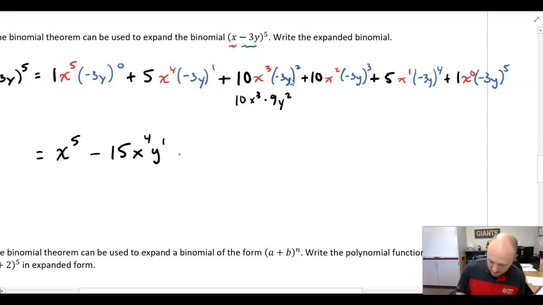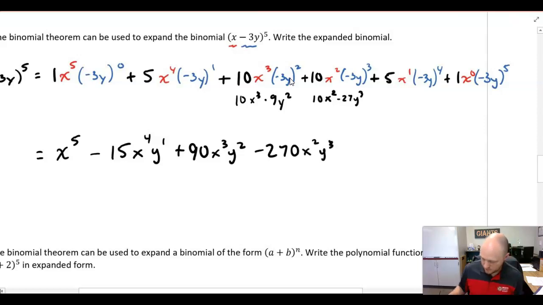So this ends up giving us 90 x cubed y squared. Okay, plus next term, 10 times x squared times negative 27 y cubed. So this gives us a minus 270 x squared y cubed.